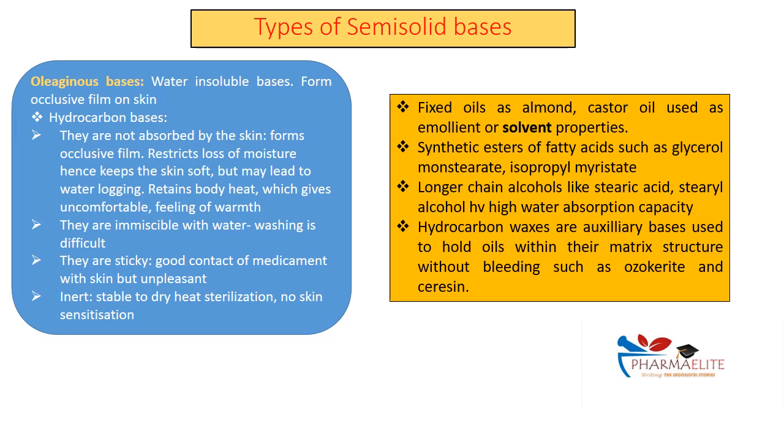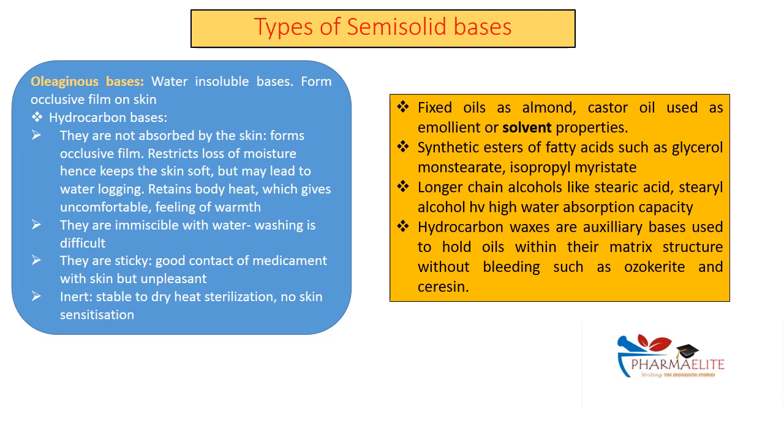Further, few other parts which are included under your hydrocarbon bases, you had all these things. Other than that, whatever bases come under your oleaginous bases, they include your fixed oils. So your fixed oils such as almond, castor oil, they all are used as emollient and they have solvent properties. That's why they can also be used.